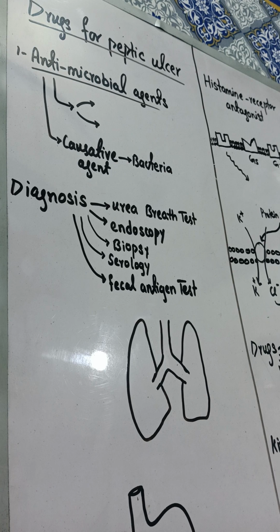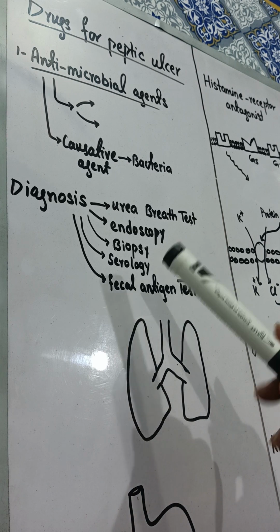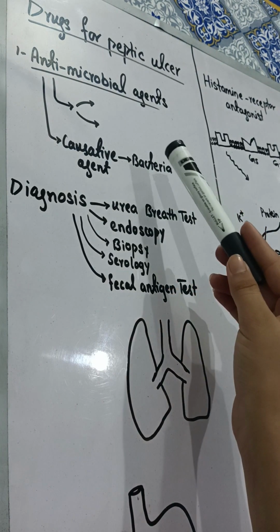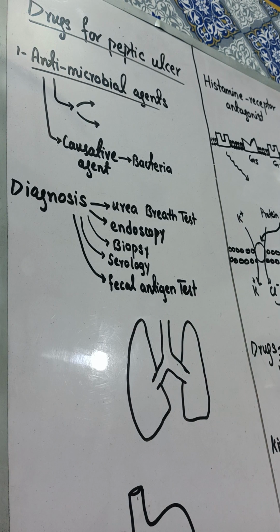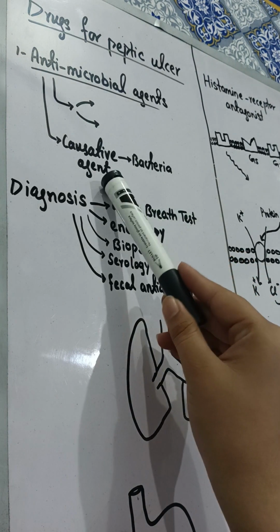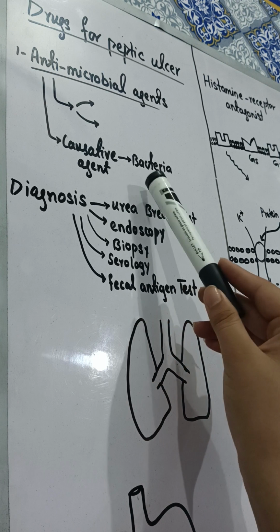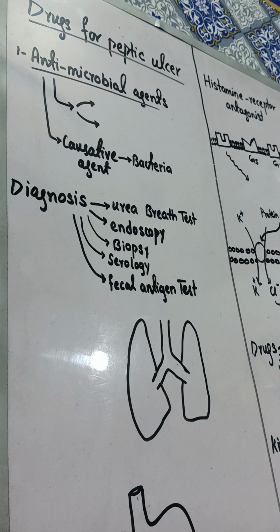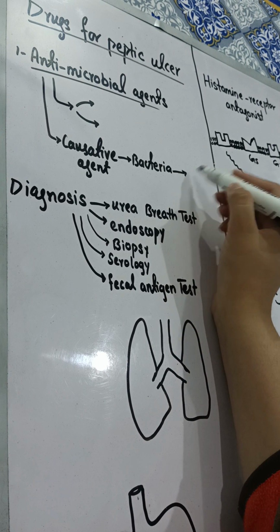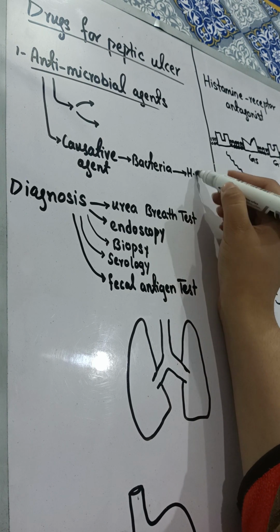The first drug used to treat ulcer is the antimicrobial agents. You will give antimicrobial agents to your patient when the ulcer is occurring due to a bacteria. An example of a bacteria which can cause ulcer is H. pylori, Helicobacter pylori.